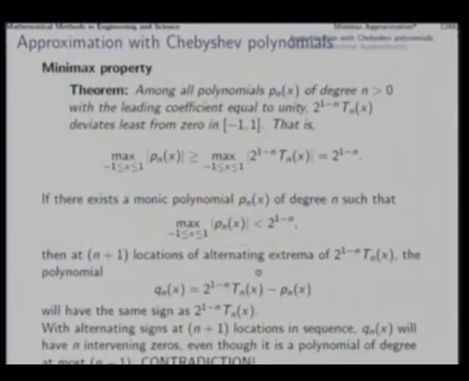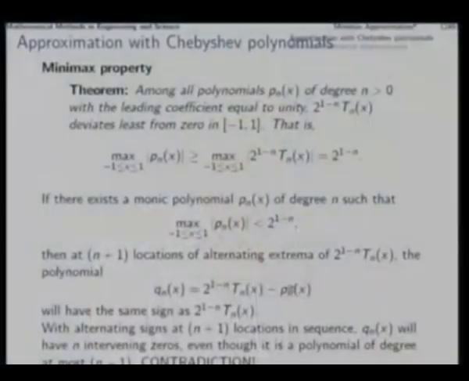So, positive here, negative here, in between q n x must have a 0. It will not be the extrema of this difference function, but with alternating signs at n plus 1 locations in sequence, it will have n intervening zeros.